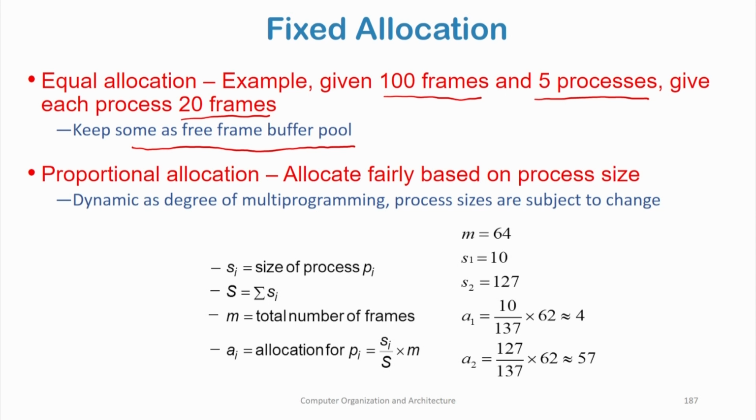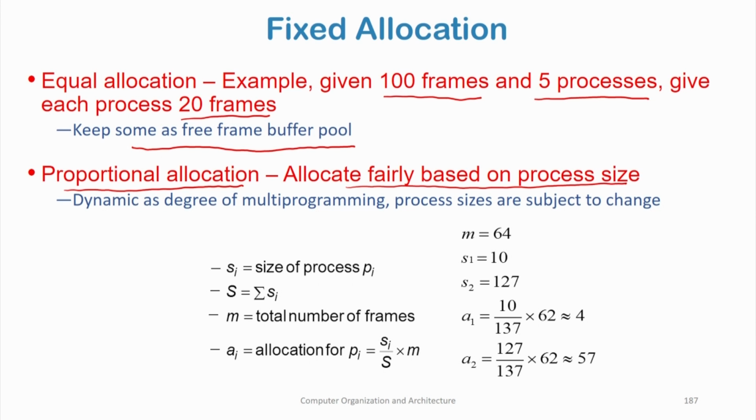Now, as against this equal fixed allocation, we also have proportional allocation. What does proportional allocation do? It tries to fairly allocate frames to each process based on process size. What we are trying to do is find out how many frames should be allocated to each process.